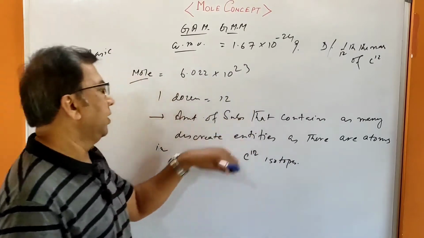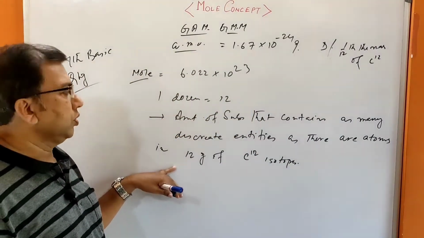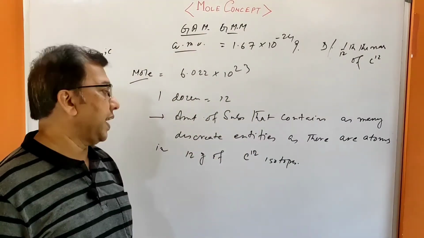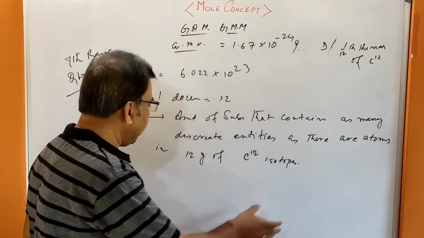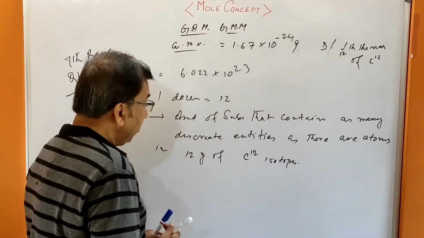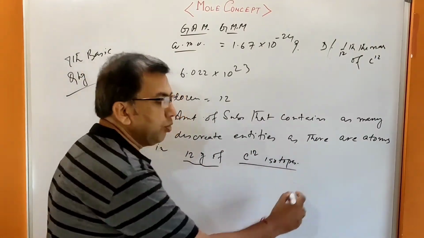You have learned this is the definition of mole. It is the amount of substance that contains as many discrete entities as there are atoms in 12 gram of carbon 12 isotope.